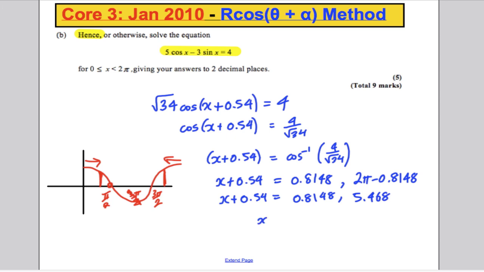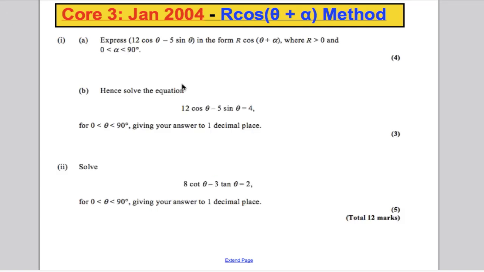Then to get x, you subtract 0.54 off both sides, so 0.8148 subtract 0.54 gives the answer 0.27 radians, and 5.468 subtract 0.54 gives 4.93. So 4.93 radians, and you're done. They're your answers to 2 decimal places. Okay, next one. Pause the video, have a go.